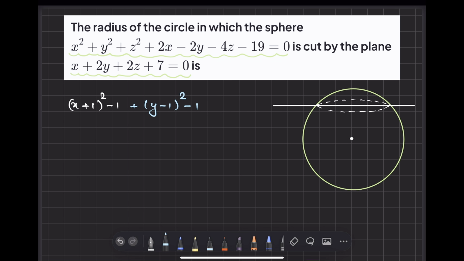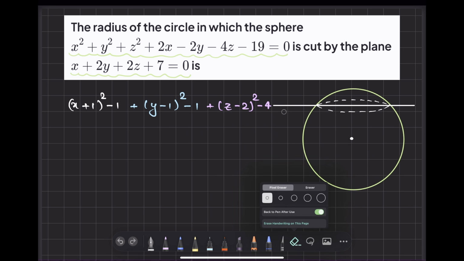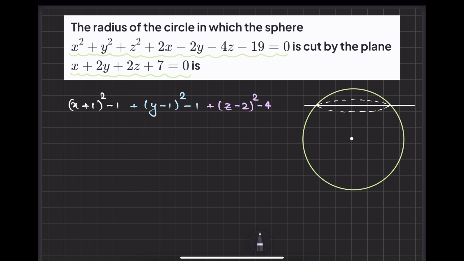Now similarly I'll focus on z. z square is a square and minus 4z is 2ab, so I will write z minus 2 whole square. I have added 4, so I have to remove 4. And then minus 19 equals 0.